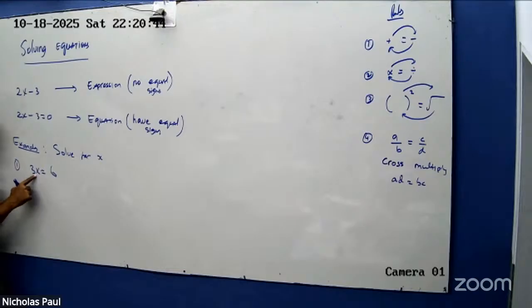So if I take a multiply across the equal sign, it becomes divide. So it becomes x is equal to 6 divided by 3. So I'll get x is 2. That's okay? So you have to identify what the operation is here, and once you move it across, then you solve.